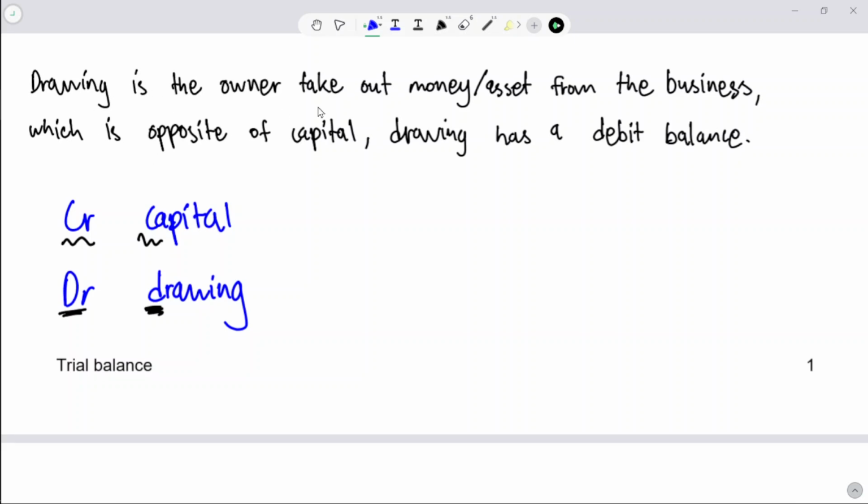Drawing is when the owner takes out money, which is the opposite of capital. As you can see here, capital we credit, hence the drawing we debit. One way to remember is you can see the C here, so we credit, and you can see the D here, so we debit.